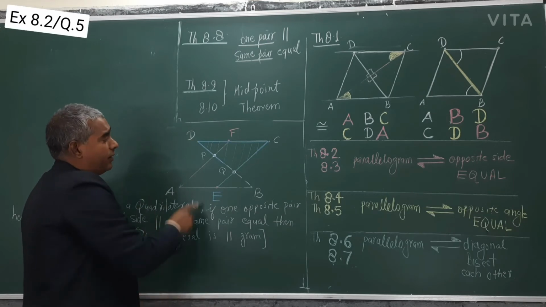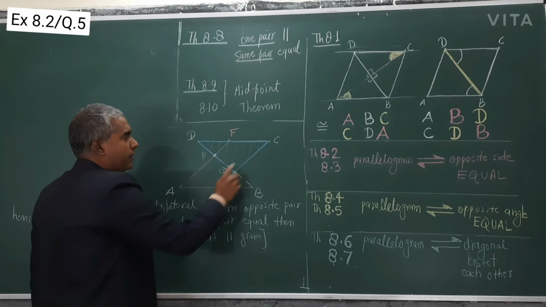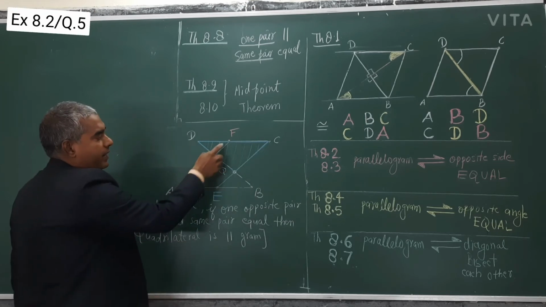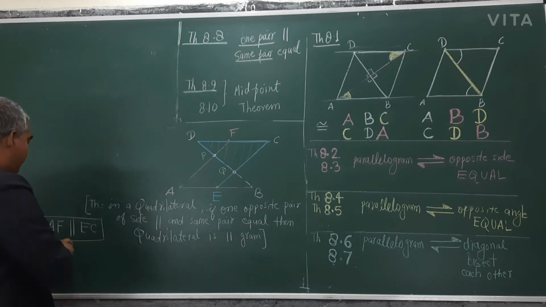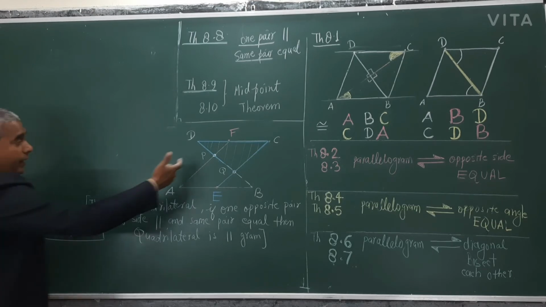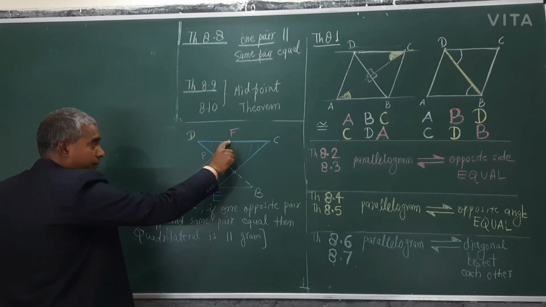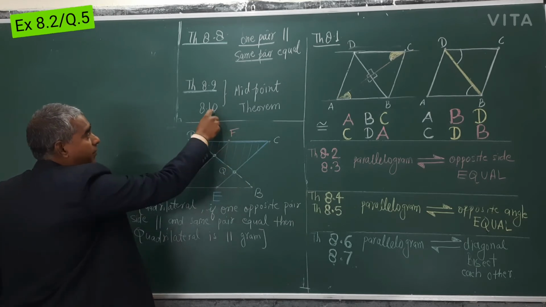In this triangle, this side is parallel. If AF is parallel to EC, it means PF is parallel to QC. In the triangle, F is the midpoint, and this line is parallel to this. So midpoint theorem, 8.10.